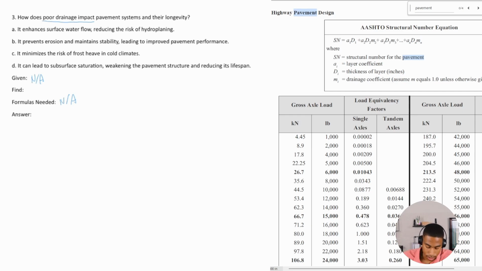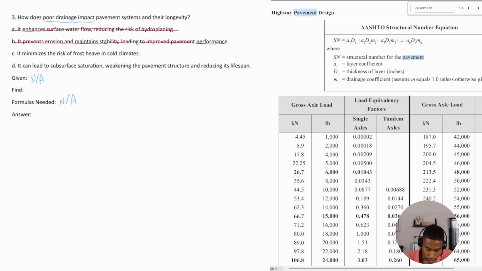B, it prevents erosion and maintains stability, leading to improved pavement performance. I don't think that's the one. Preventing erosion when there's a lot of water involved in the pavement systems, I don't think that's going to be the case.